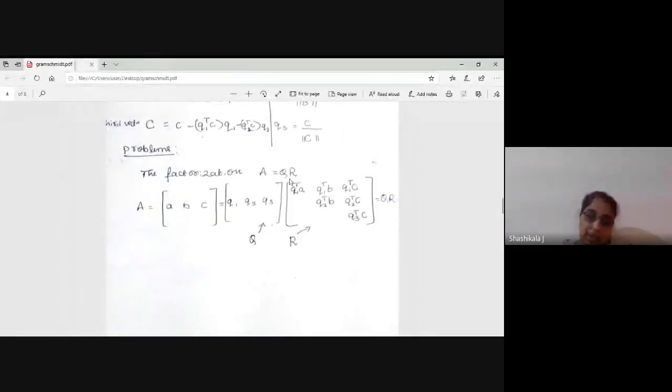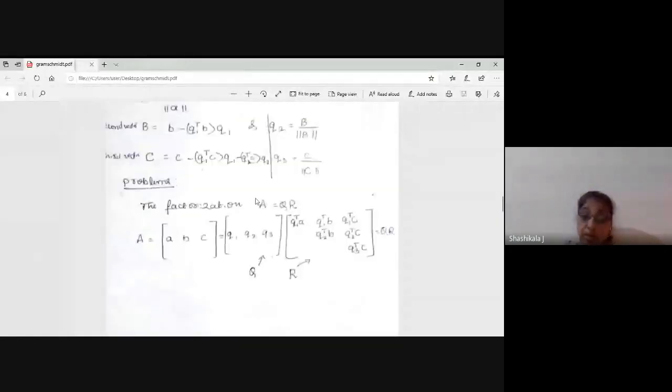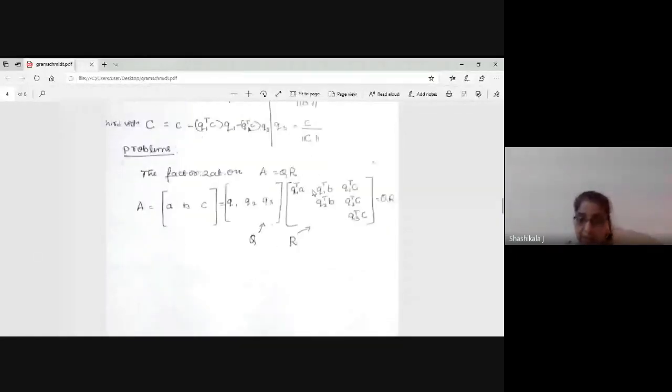So here A, B, C, you are converting into some matrix, so obviously that will be a combination of Q into R. Q is what? Your orthonormal columns, that is Q1, Q2, Q3, obtained by this Gram-Schmidt process.